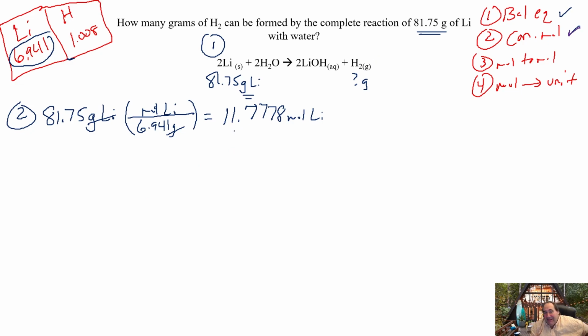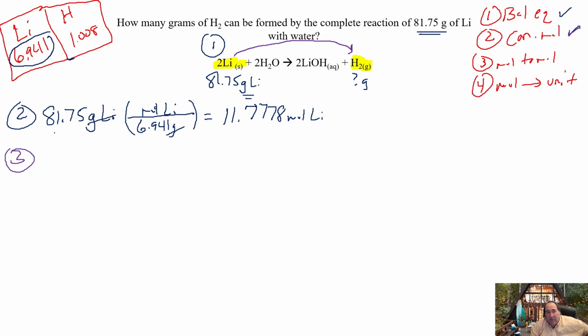Now the next thing is the mole to mole relationship. So once again, we're going to go to the equation. We're going to find the 2 things we're interested in: lithium and hydrogen. It happens to be the same one that we just used on the previous problem. And once again, what we're looking to do here is go from lithium to hydrogen. So we need a way to do that.